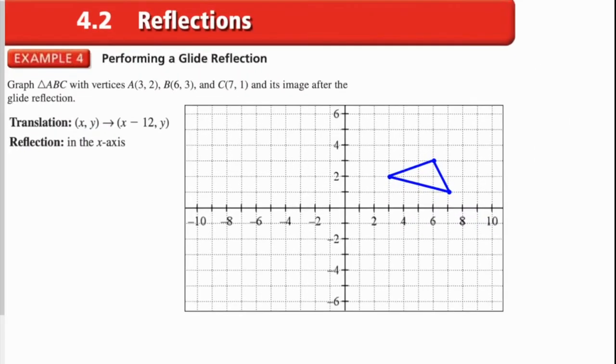Here is an example of a glide reflection. So first we will translate. We see that this rule says move 12 left and no movement on the y coordinates. So we're going to take this and move everything over 12 units.